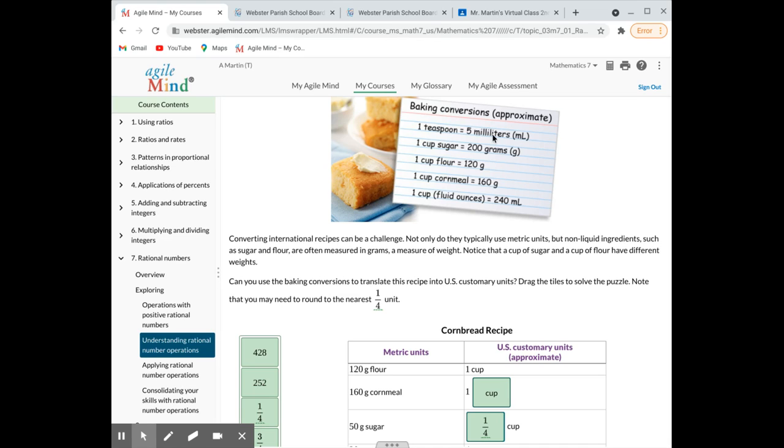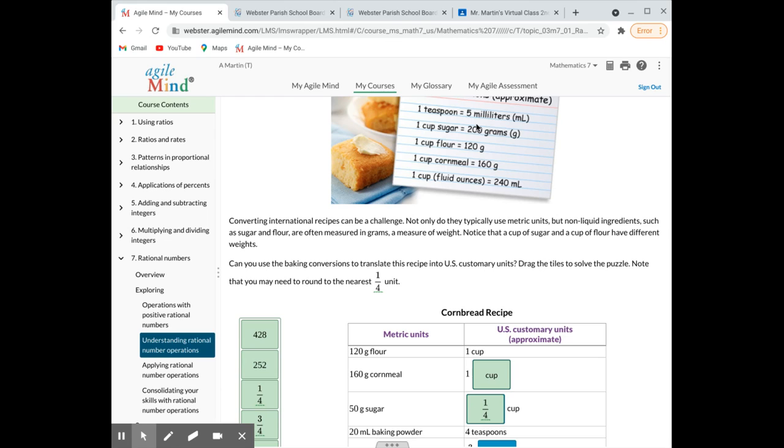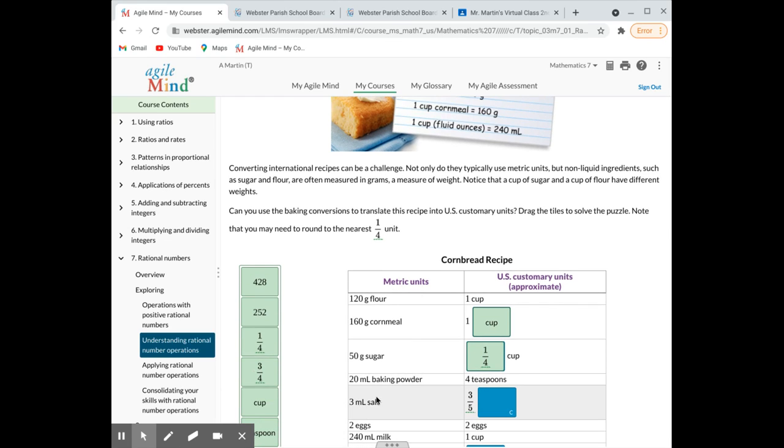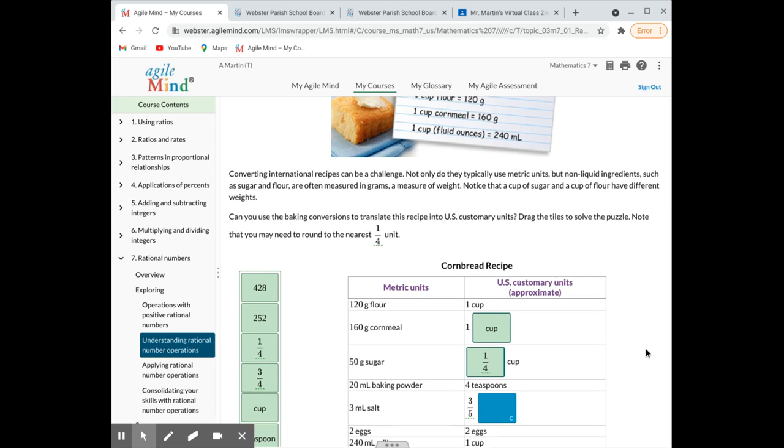Oh, look at this. It says 5 milliliters is 1 teaspoon. So what would we need to do with the 3 milliliters of salt? That'd be 3/5 of a what? Teaspoon?